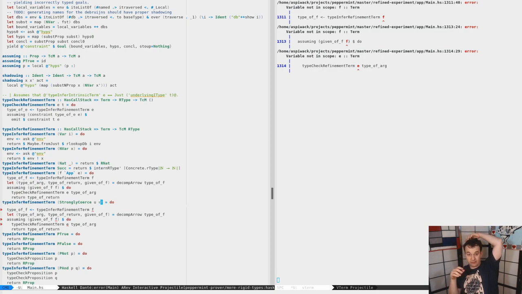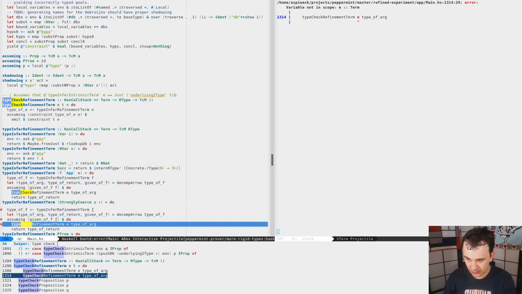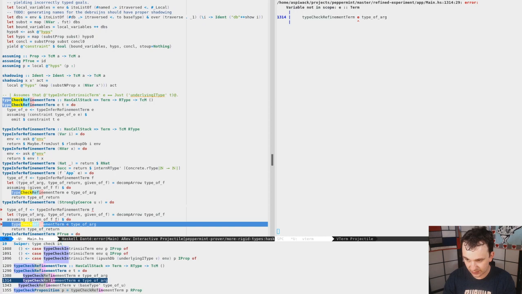I was getting my words mixed. So I've got a type, and I want to say that U has that type tau. The way I do that is I check that U has the underlying type of tau. You can do this. Do I have this actually? Type check intrinsic. Yeah, I've got it.